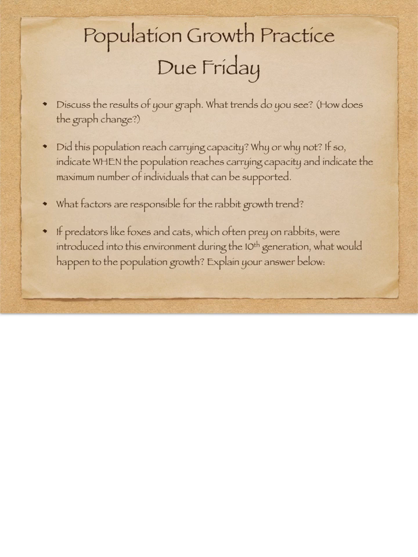If a predator like a fox or a cat, which often prey on rabbits, were introduced to the environment during the 10th generation, now that's the 10th generation, what would happen to the population? Explain your answer. So again, think about that.